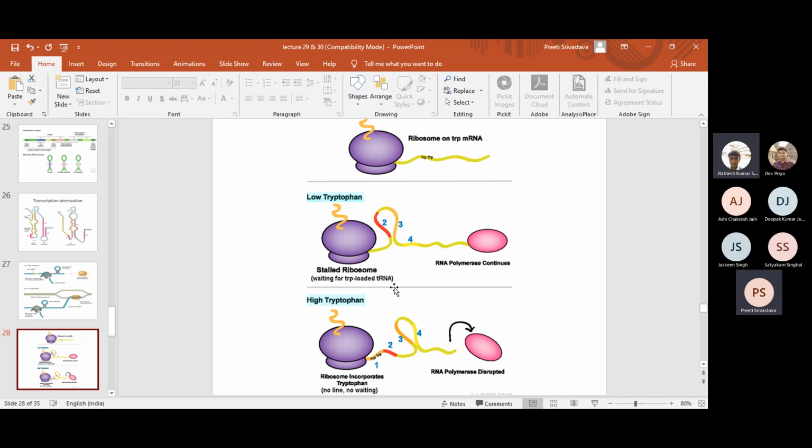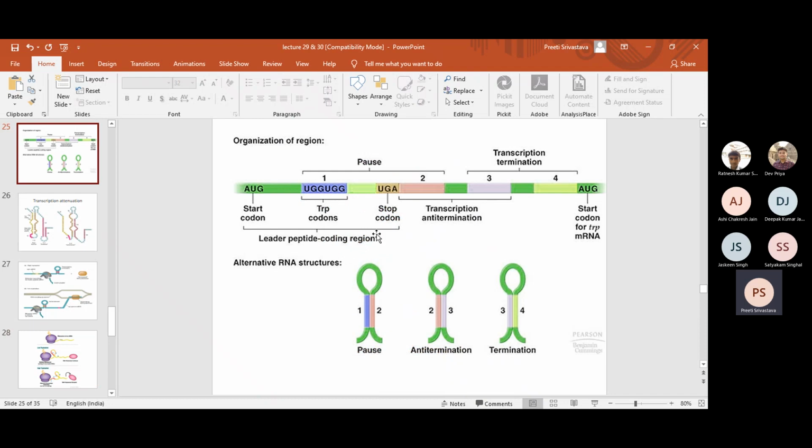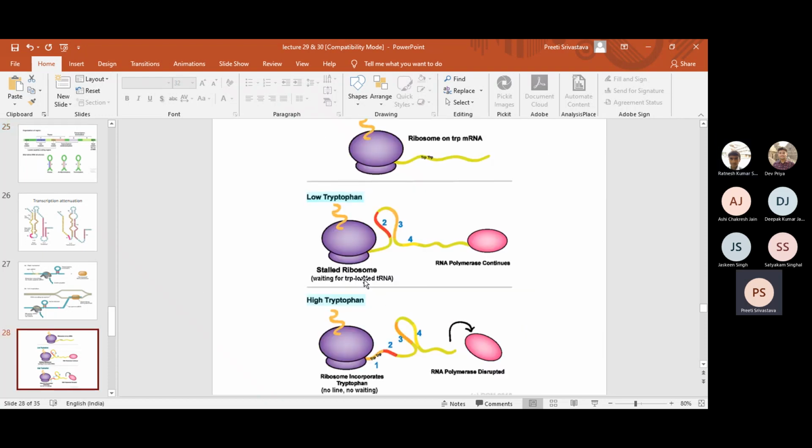And while it is waiting, the hairpin between 2 and 3 will pair up because it is stalled at region 1 only. Because region 1 contains UGG, the tryptophan codons, it will not move any further because it is still waiting for the tryptophan charged tRNA, since the tryptophan is low.